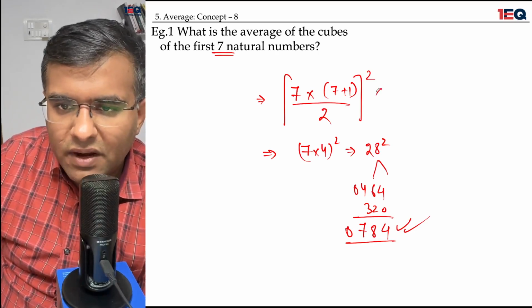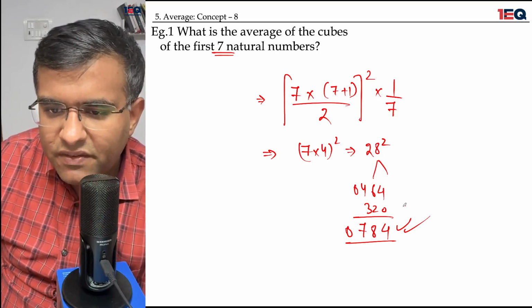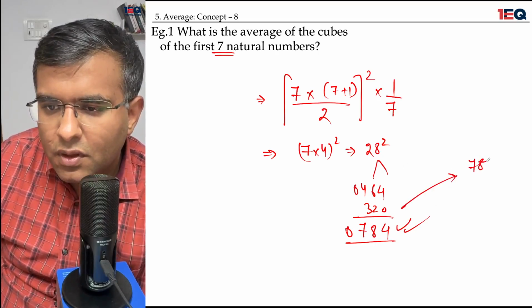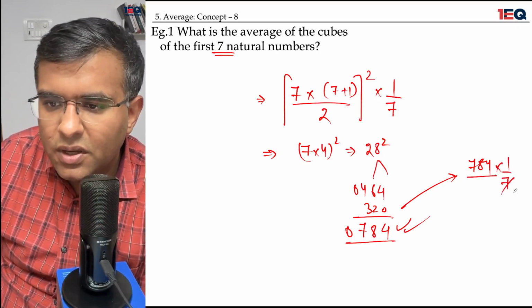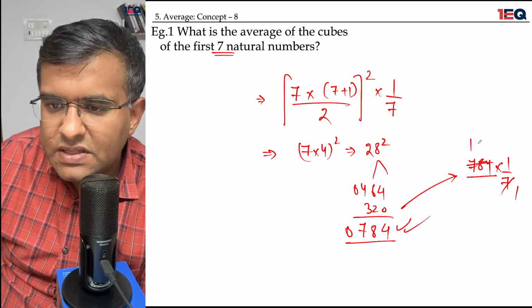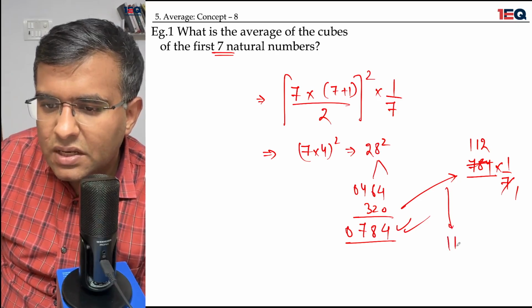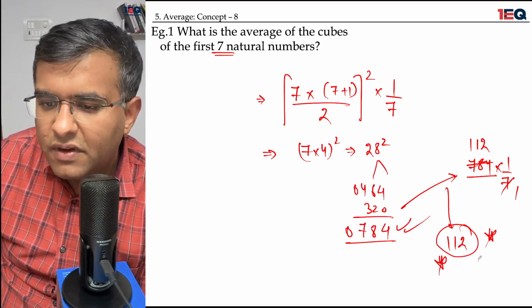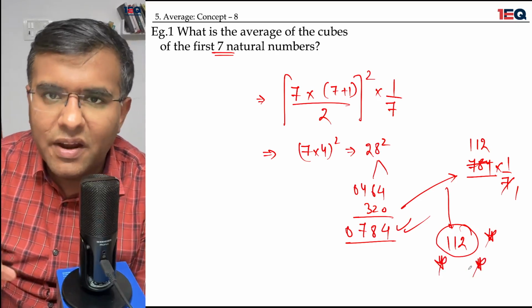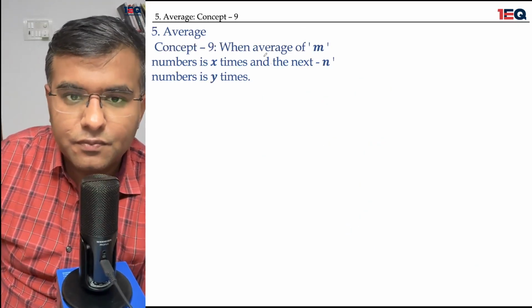So I need to divide this entire equation by 7. If I have 784 over here, which I declared as my final answer, it has to be divided by 7. 7 ones are 7, 7 ones are 7, 7 twos are 14. So the final answer which I reach is 112. I hope you're good. The answer is yes.